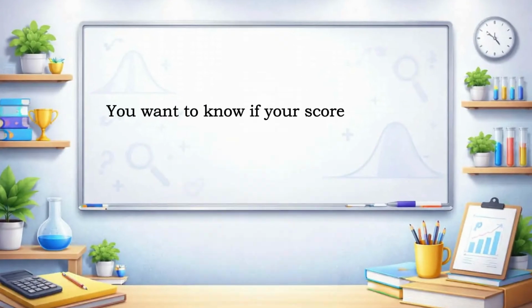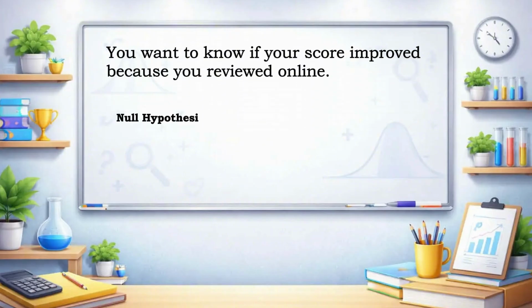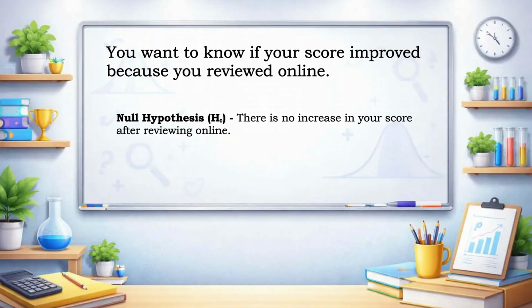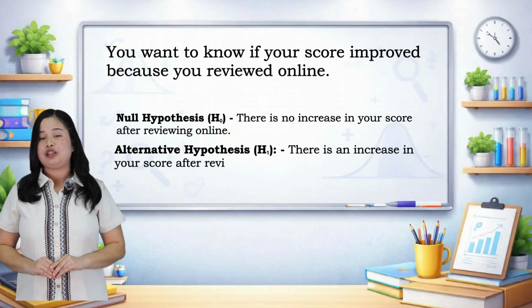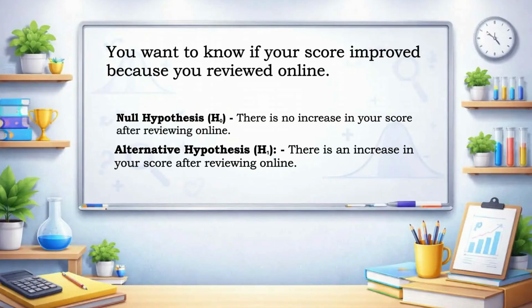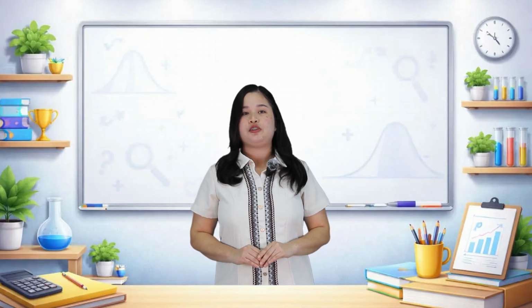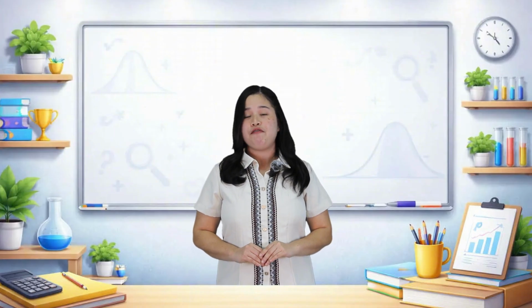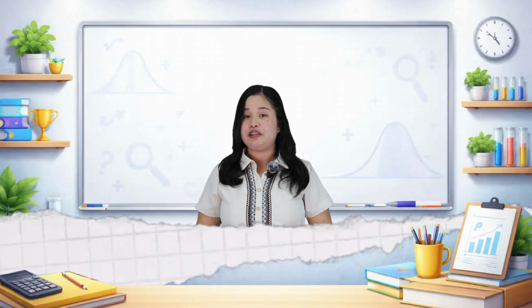Let us now look at an example. Let's say you want to know if your score improved because you reviewed online. This is our null hypothesis. There is no increase in your score after reviewing online. Our alternative hypothesis, there is an increase in your score after reviewing online. Now, you would test this by comparing your quiz results to see if there's enough evidence to support the idea that reviewing online made a difference.